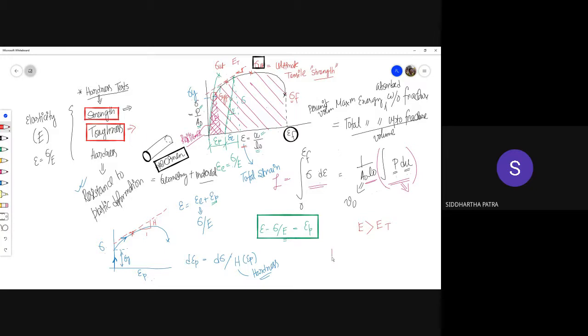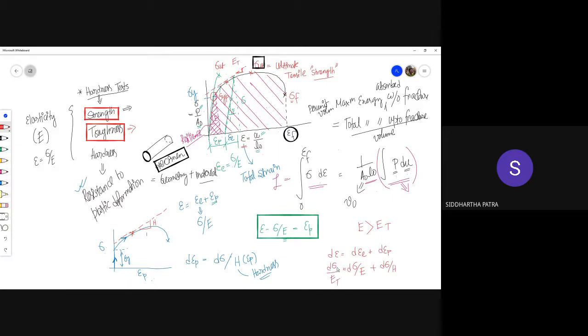So if I write the differential total strain, that is composed of differential elastic strain and differential plastic strain, this of course is d sigma divided by E, and this is d sigma divided by H, and this right here is d sigma divided by Et.